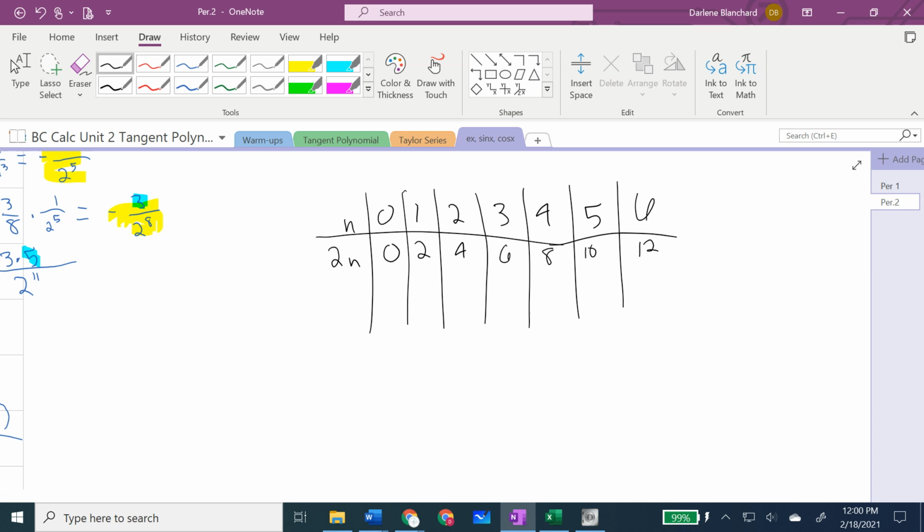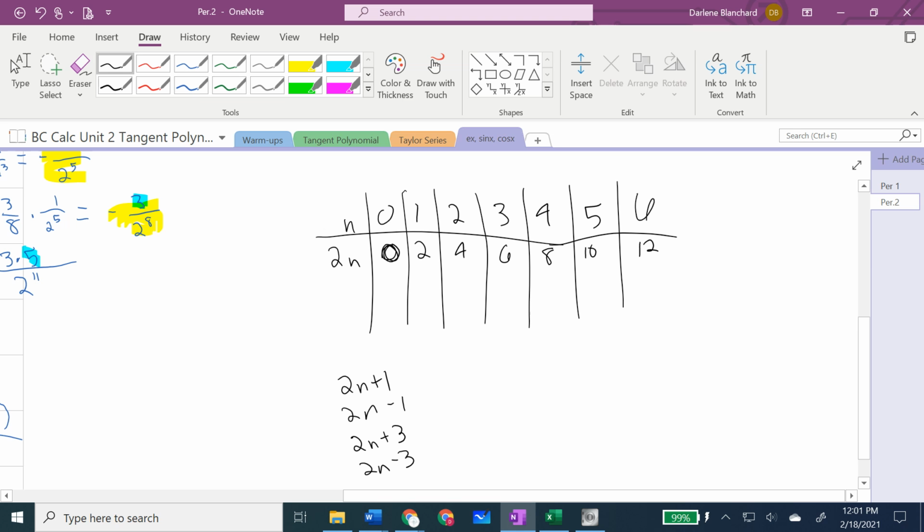Once you get a pattern of even numbers, from there you just need to figure out how to go from these numbers to the numbers you're actually dealing with. That could mean that you need the pattern 2n plus 1, or it could mean you need 2n minus 1, or it could mean you need 2n plus 3, or 2n minus 3, and I could go on and on and on.